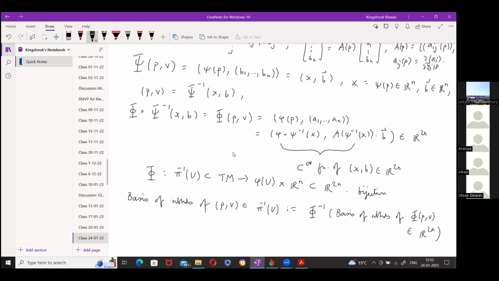So the capital phi's become homeomorphisms such that the change of charts is smooth.